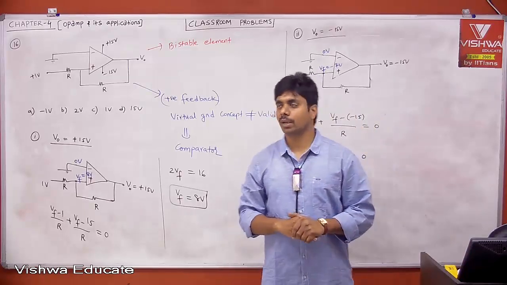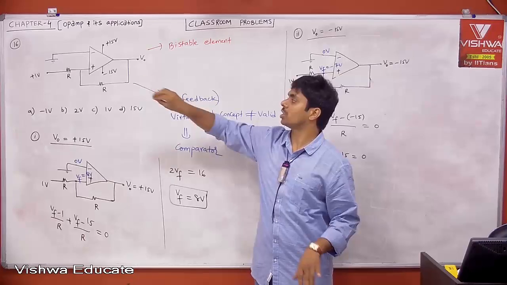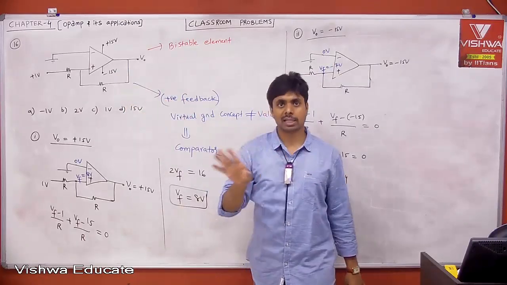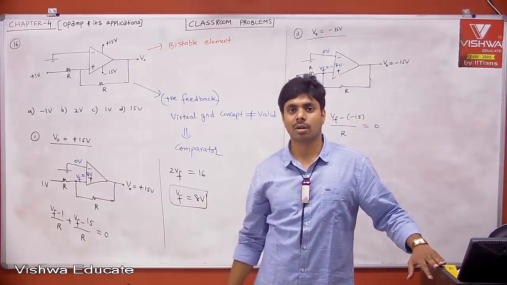Both the states are stable. If V0 is plus 15, it will stay there only until you change the state by applying the trigger. How to apply the trigger? That part I will explain in bistable multivibrator, astable multivibrator or the multivibrators concept.